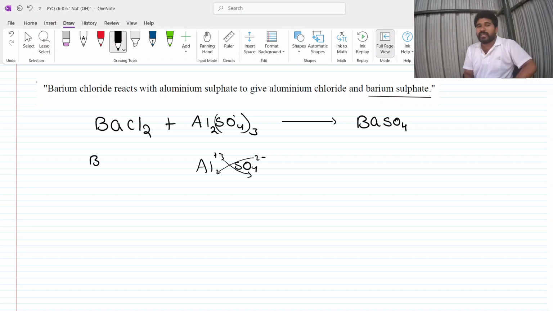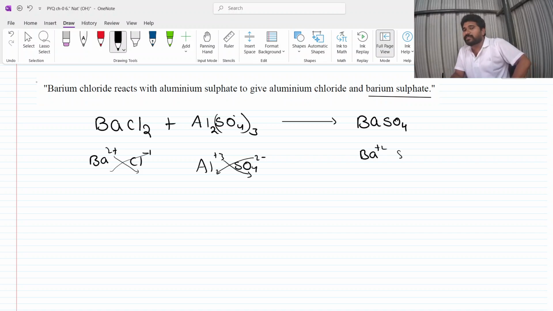Because Ba is 2 plus, and SO4 is 2 minus. For the chloride, Ba is 2 plus and Cl is minus 1, so they cross multiply and become BaCl2. Plus AlCl3. AlCl3. Is that clear? Understood? Fine.